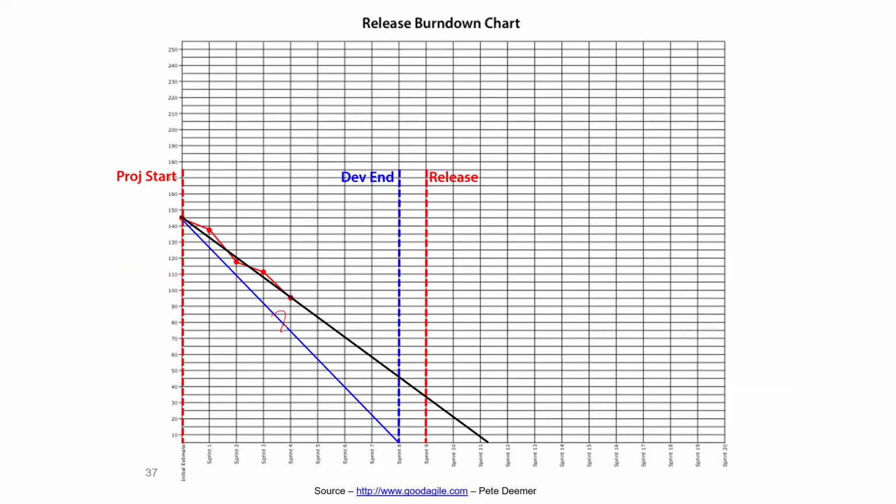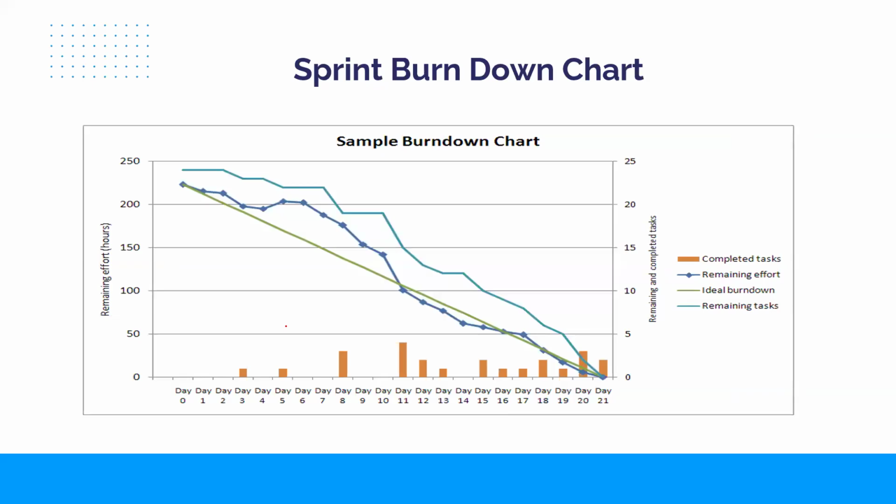Rightly so. That you do when you're creating a burn down chart for a sprint. For a release, I use this. See, this one is for a sprint. For a sprint, you would have day 1, day 2. When I'm doing it for the entire project, do you remember I said you can do that for the entire project also? Again, we'll use sprints. So the x-axis is time, whether the time is a sprint, 2 weeks, or 1 week, whatever weeks.